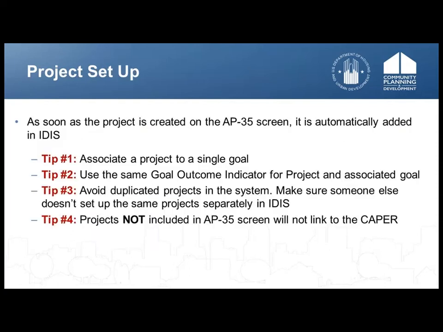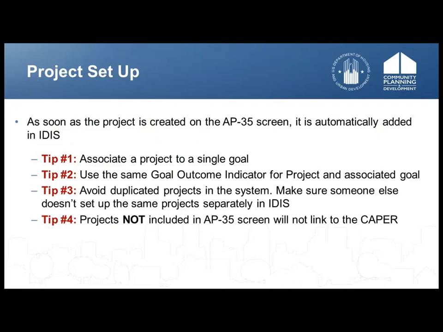Okay, home stretch, this is it for the project setup. Just to recap some of these tips, the biggest one really, we recommend always associate a project to a single goal. So one project to one goal. Again, make sure you're using that same GOI per project as you have in your associated goal. Avoid those duplicated projects.